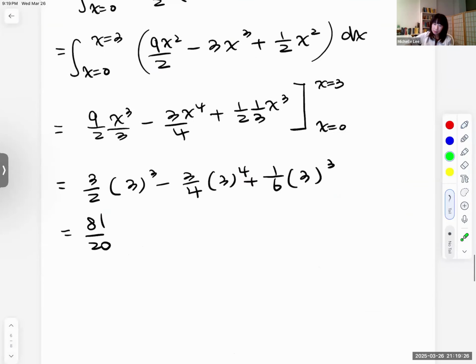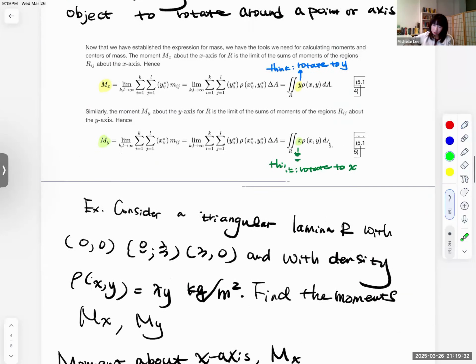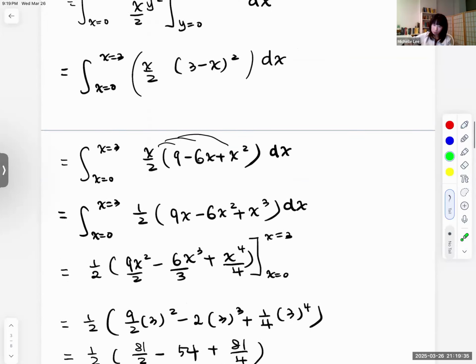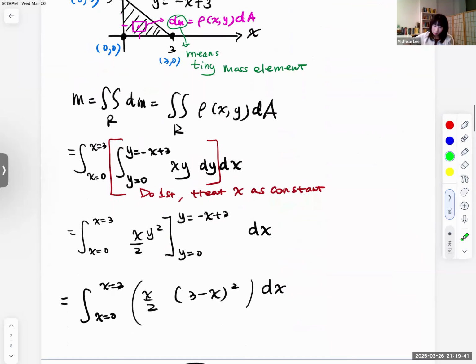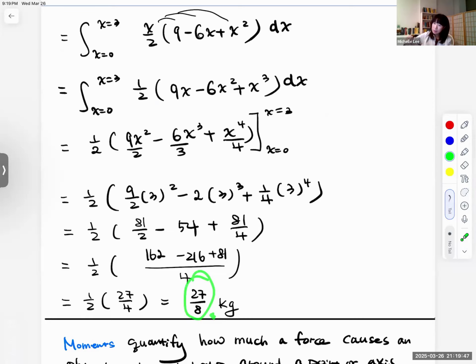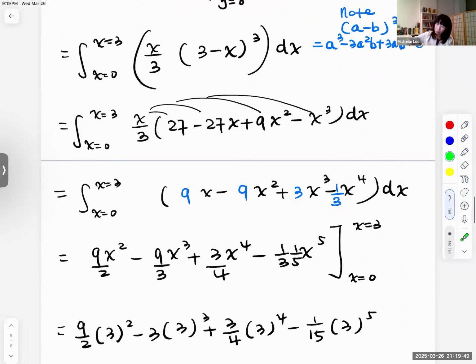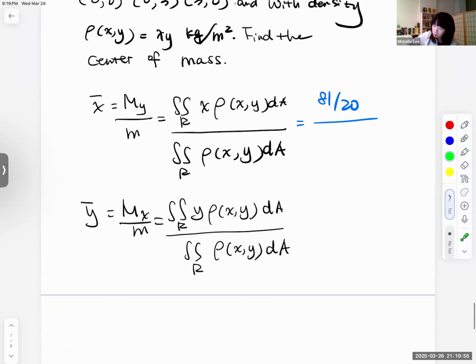So the mass is 27 over 8. Can you please calculate? So we have 6 over 5.